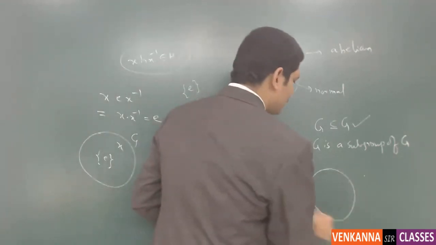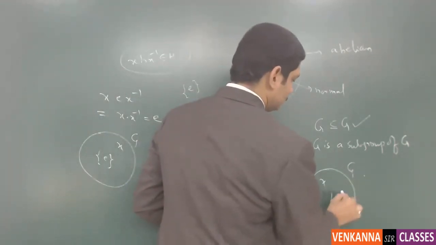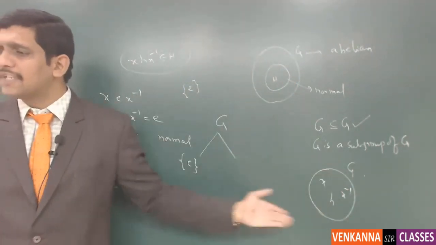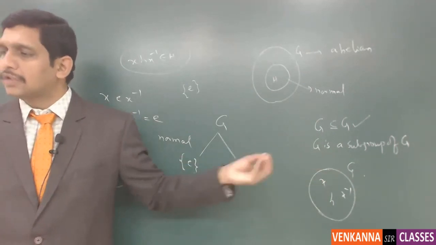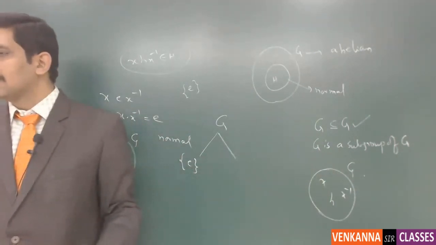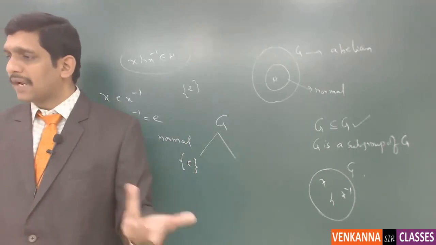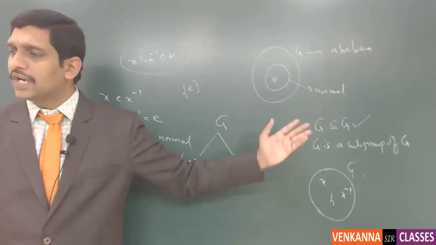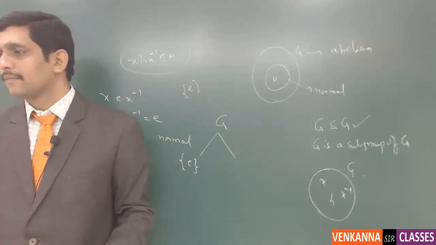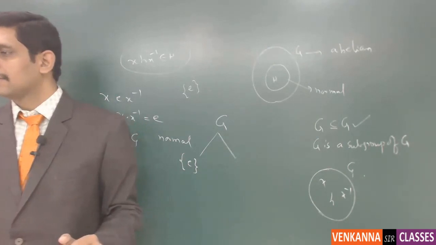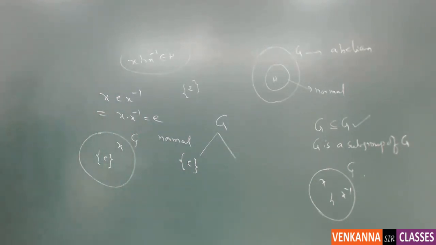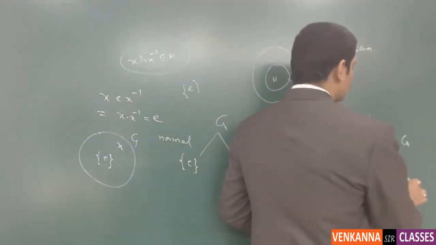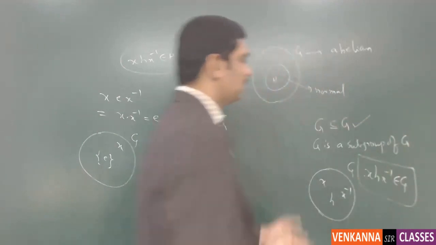Since you are taking the elements within itself, x, h, x inverse, all the elements belong to G. So by closure law, the product also belongs to G. There is no need to check separately because I have taken all three elements within G only. I didn't take any element outside of G. So by closure law, x h x inverse belongs to G. Therefore, it is a normal subgroup.